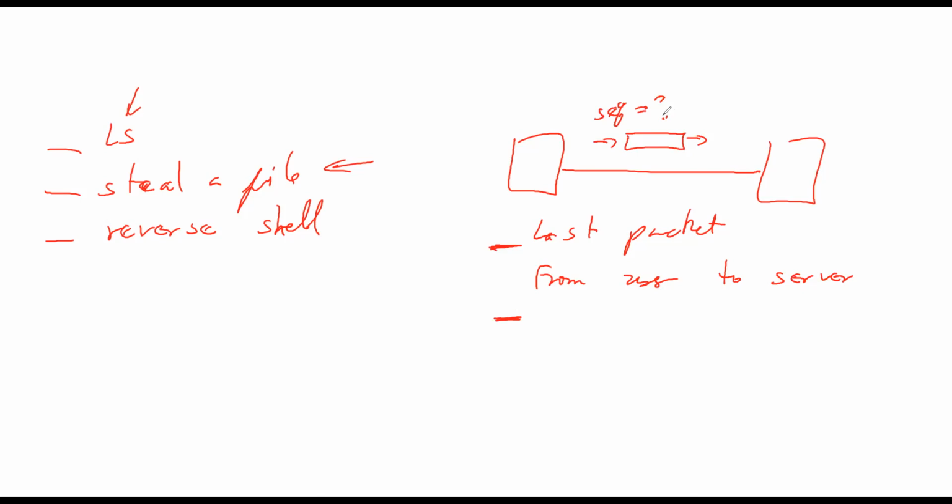Wireshark will tell you. You don't have to calculate how much data was sent. Usually, if the data length is not 0, Wireshark will calculate this in the next sequence number.